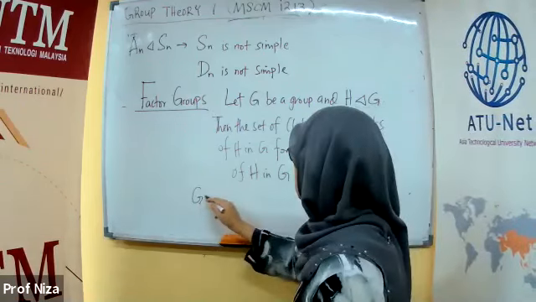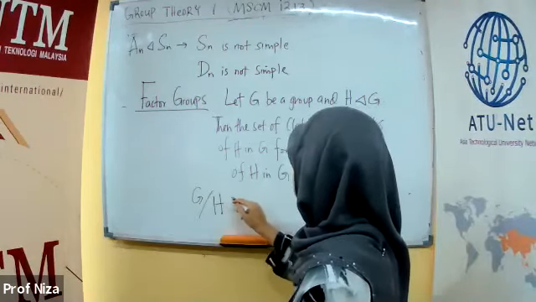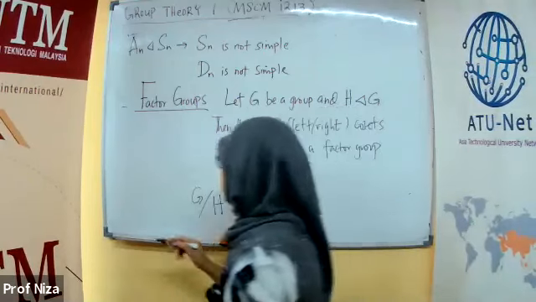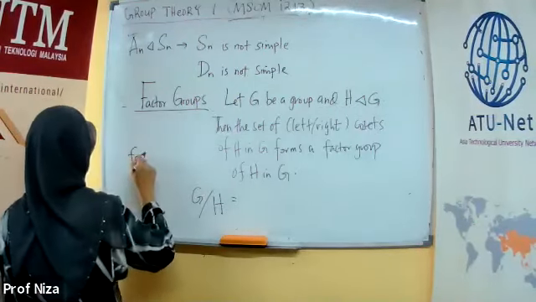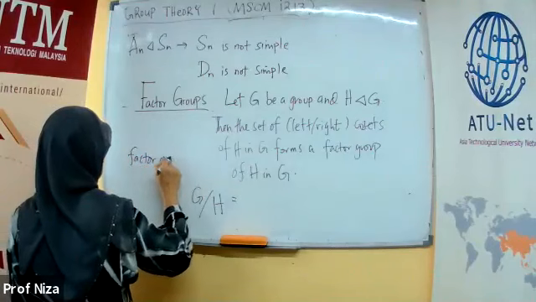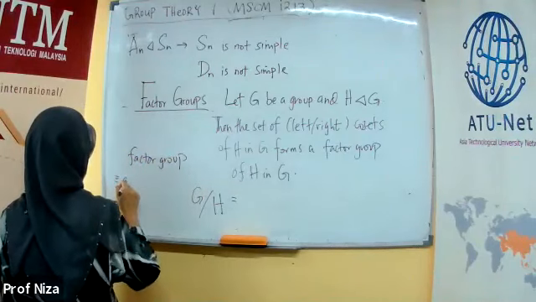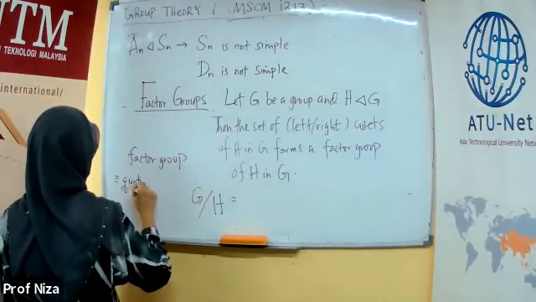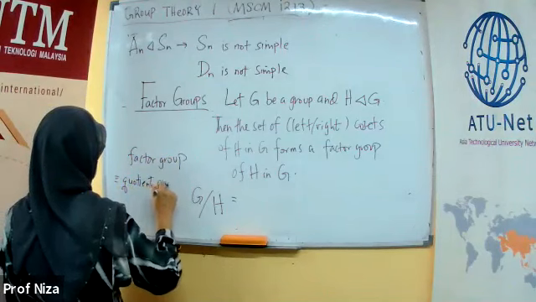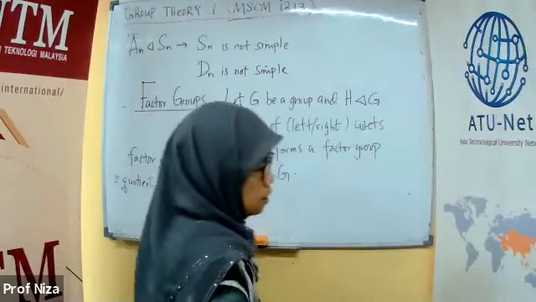So we call it this. Sometimes people call it a factor group, sometimes people call it a quotient.